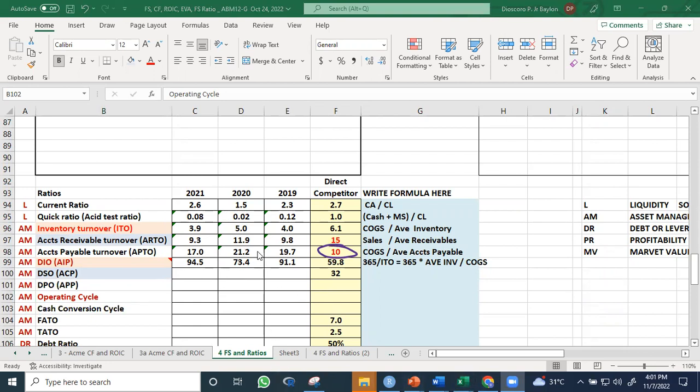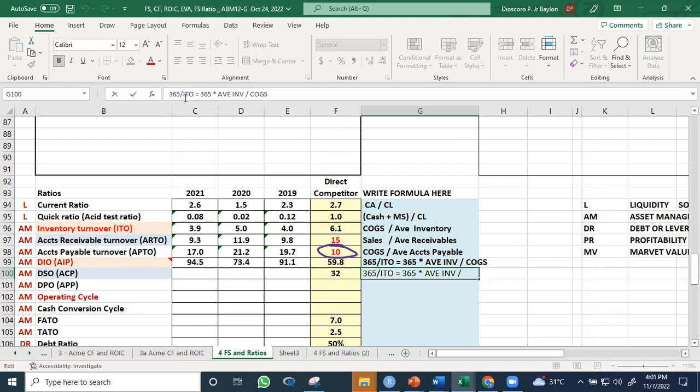Okay, so Arto, di ba, the higher the better. DSO, the lower the better. Pero pareho lang yung minimension niya. Magkaiba nga lang ng ano. So this is, okay, baguhin nyo lang to, no? 365 divided by Arto, or 365 times average AR divided by sales.